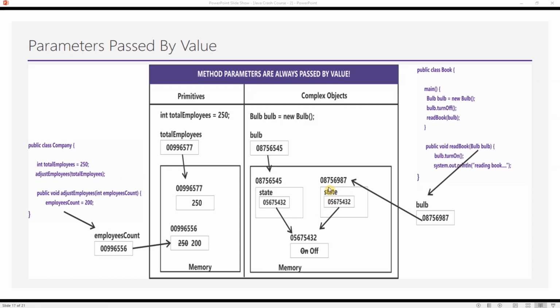So even if we are creating a new object altogether, the internal variables that we copied over from the actual object still refer to the same memory address, and so changes made to the fields of the local copy of the object get reflected in the other object too, even though they are completely separate objects. This somehow confuses developers, and they conclude that primitives are passed by value, but complex objects are passed by reference, and that is not correct. Both primitives and complex objects are always passed by value.